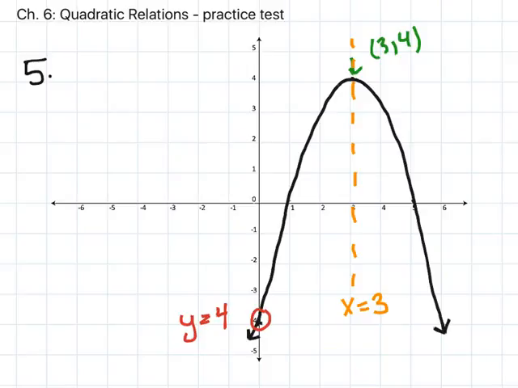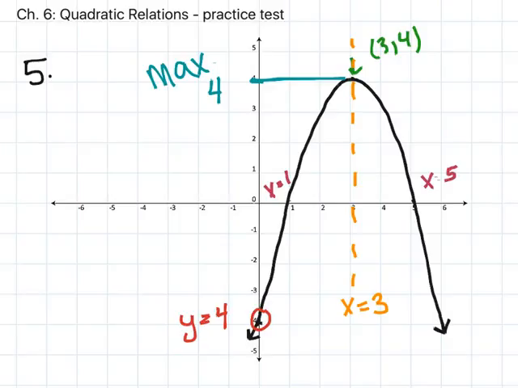So it's going to have a maximum. And what is it? So the maximum value is 4, because it's this one coming across here. And then identify the x-intercepts. So the x-intercepts are x is 1, x is 5.